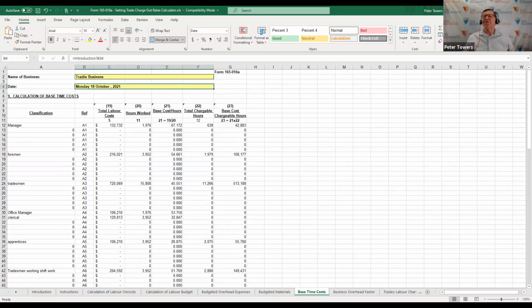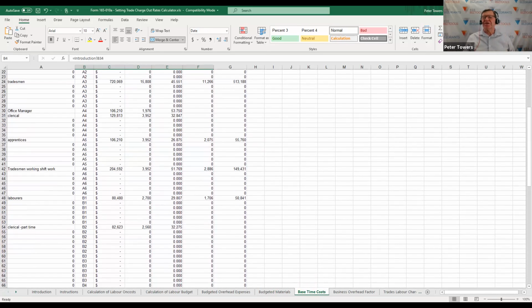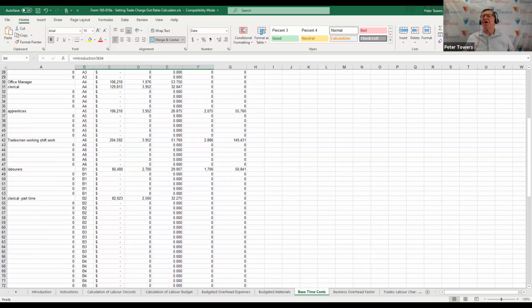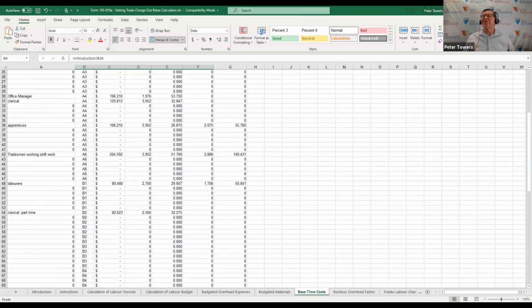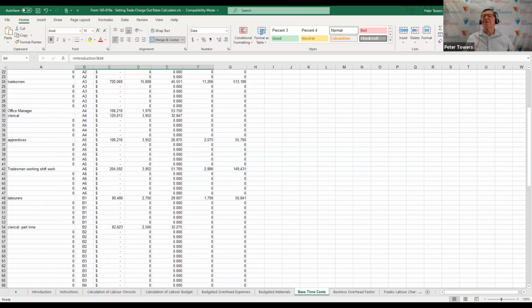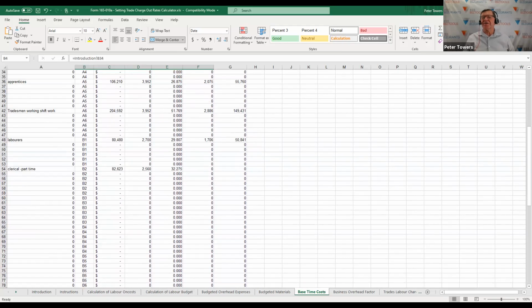And then we are transferring in the chargeable hours, and it's calculating for us a base cost per chargeable hour, and that's gone through and done that for each category. You will notice in the office manager that it hasn't transferred any figure across because we're not charging them to customers. And the same with clerical and the clerical part-time, but all the others have got charges coming across for them.